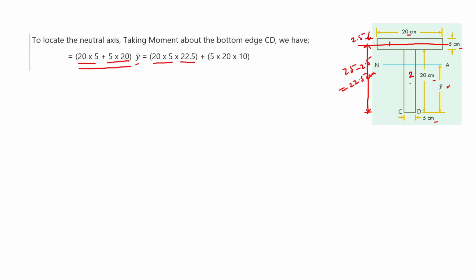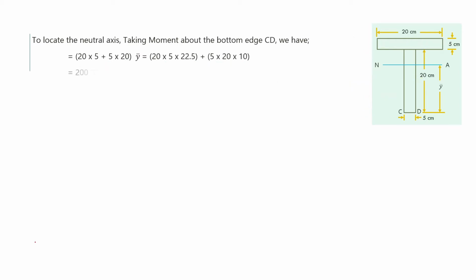Now again for the second area, the width is 5 and the height is 20, so 5 into 20 is the area, and its centroidal axis will lie somewhere here, obviously at the mid of the height, means 20 by 2. So the distance of this centroidal axis from the bottom edge CD will be 20 by 2, means 10 centimeter.